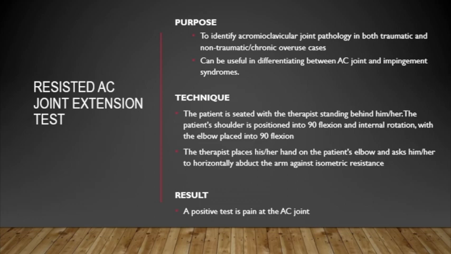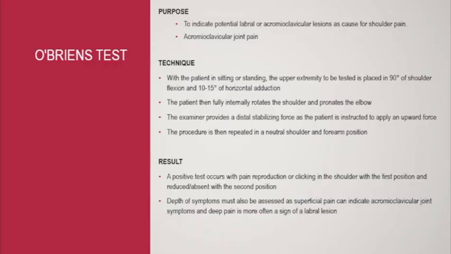To this abduction, the therapist provides an isometric resistance. If there is pain in the AC joint during the abduction movement that is resisted by the therapist, then the test is considered positive for AC joint injury or any pathology of the AC joint.